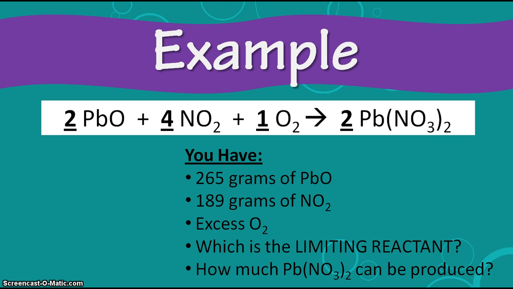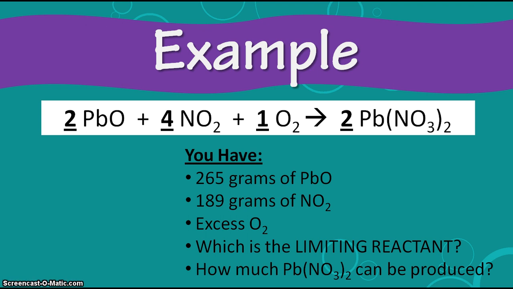The question is, which of these 2 reactants, lead-2 oxide or nitrogen dioxide, will be our limiting reactant? Which one will we run out of first, therefore determining the amount of product that will be produced? And the last question, how much lead-2 nitrate can be produced?